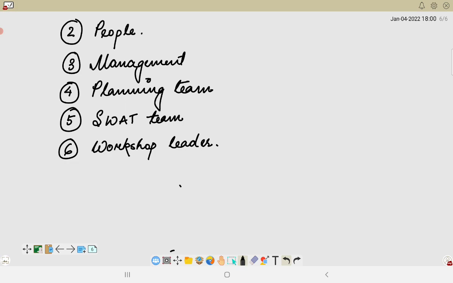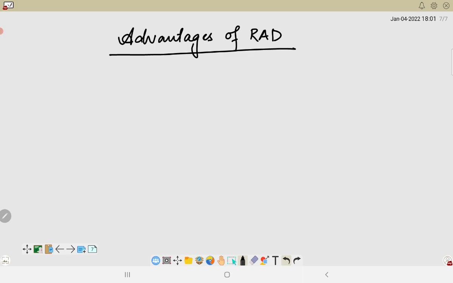Now moving ahead with the advantages of RAD. We have already discussed some of the advantages, but let us put it down in a more formal way. Advantages of RAD. The first advantage of RAD is high speed.